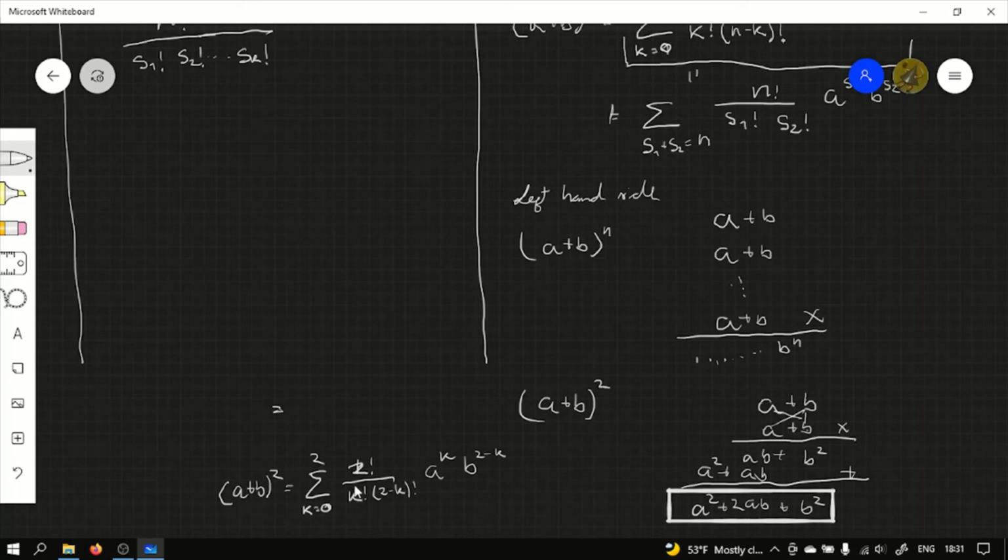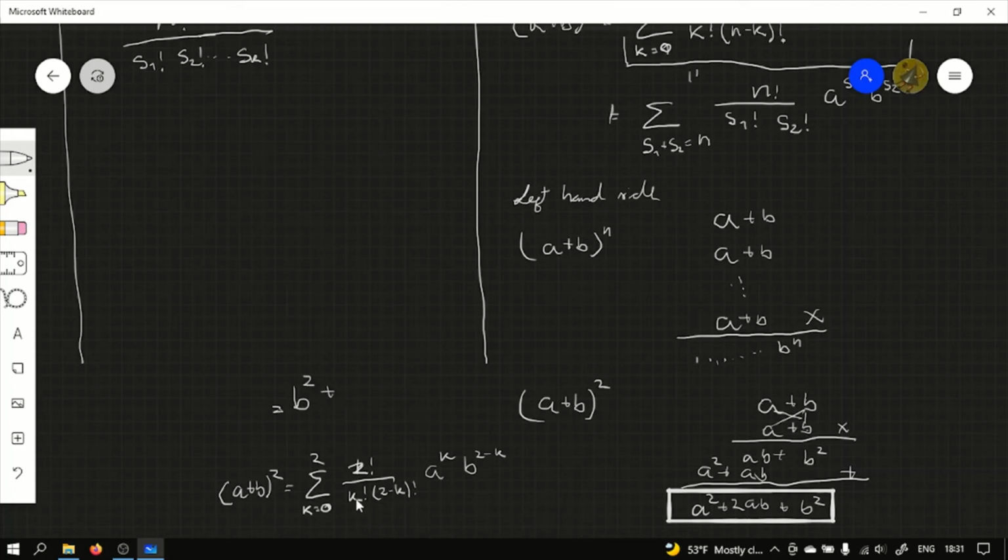It's like how many ways we can order 0 elements: 1, not doing anything. 2 factorial over 2 factorial will be 1. a to the power 0 is 1, so we have no a, and b to the 2 minus 0 is b squared.